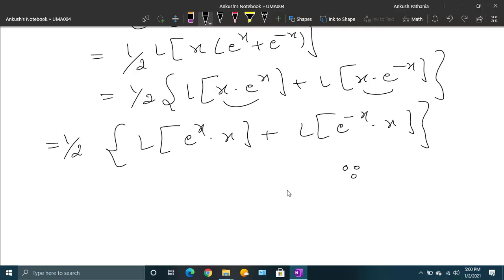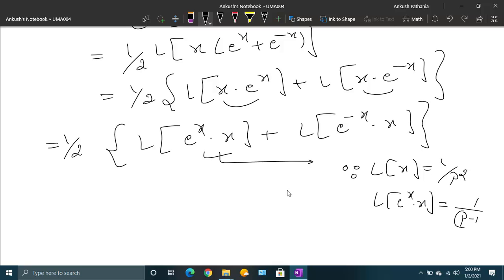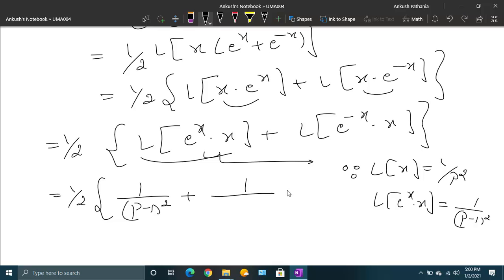Remember that since Laplace of x is 1 upon p square, by the first shifting property, Laplace of e^x dot x is 1 upon (p minus 1) whole square, plus Laplace of e^(-x) dot x, which is 1 upon (p plus 1) whole square.